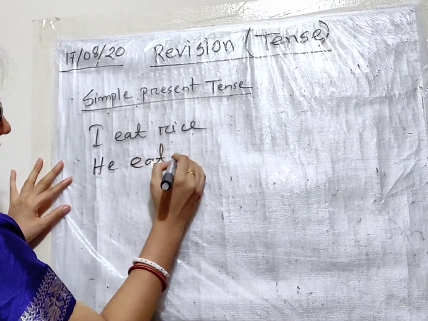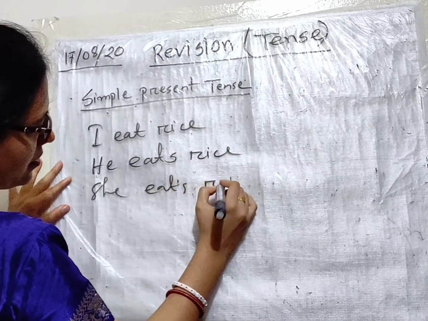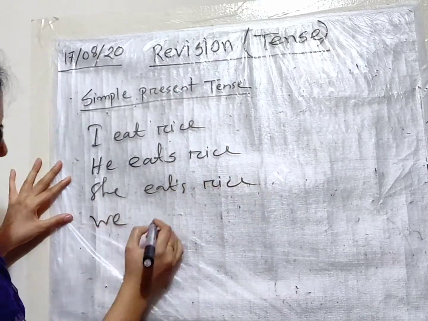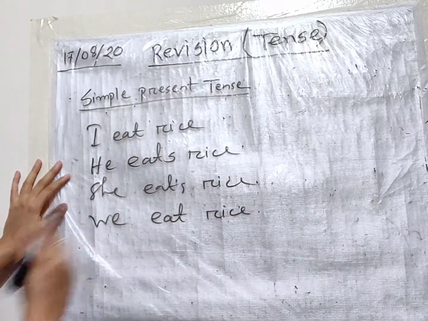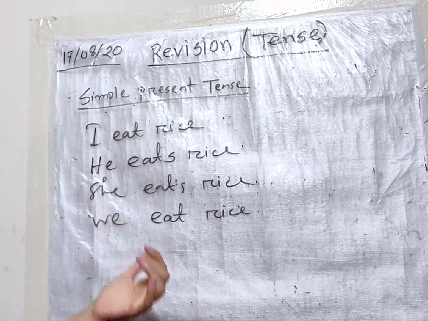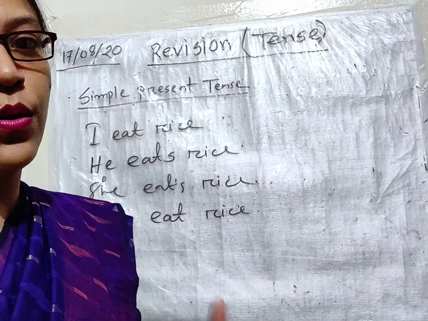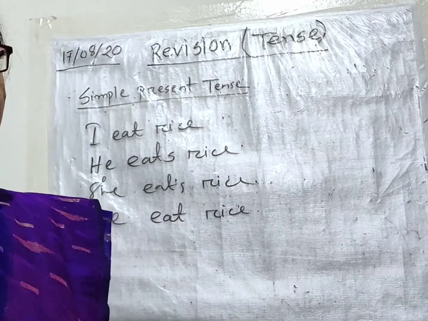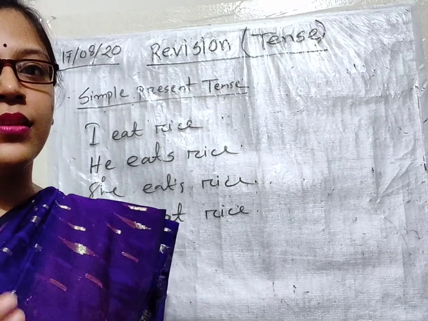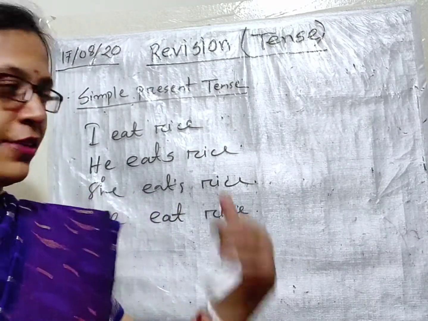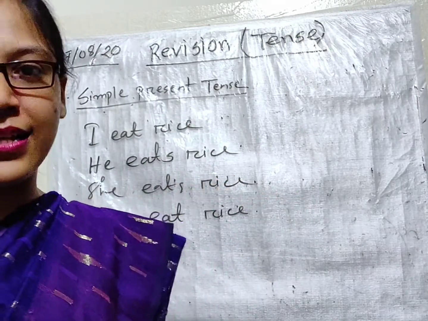He eats rice. She eats rice. But we eat rice, right? So always remember that if you are writing about third person singular, the verb form should be changed. You should add s or es at the end of a verb.